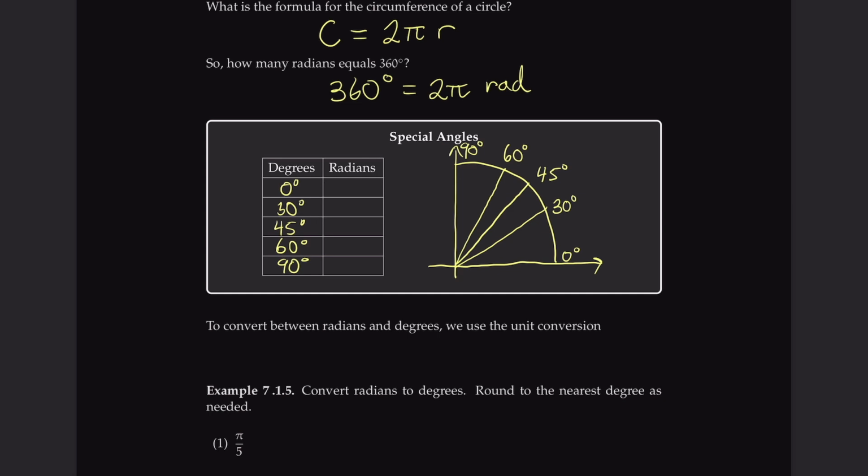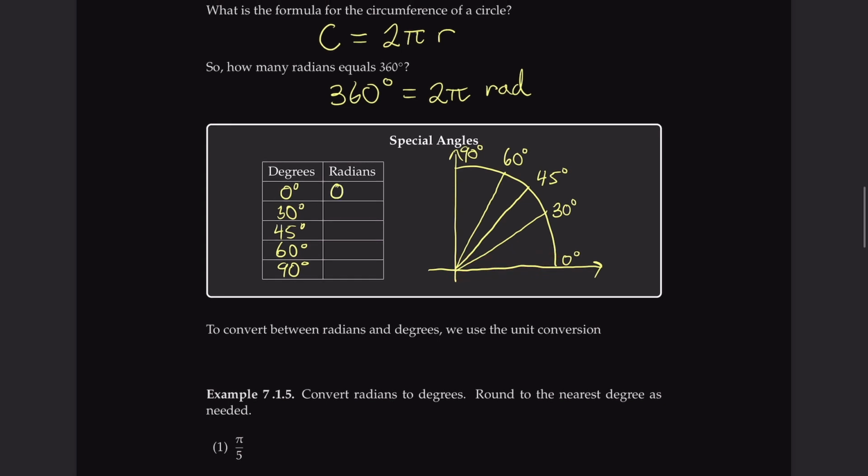Now, what we're going to do is rewrite these in terms of radians. 0 degrees is this angle right here, right? It starts and ends in the same place. There's no arc length, and so we're going to have 0 radians as well. Now, on the other hand, 30 degrees is going to be this arc length right here.